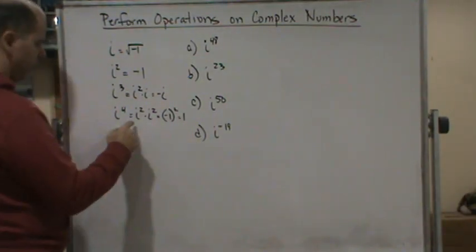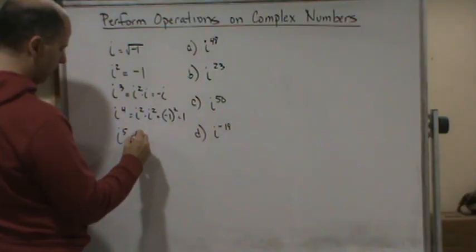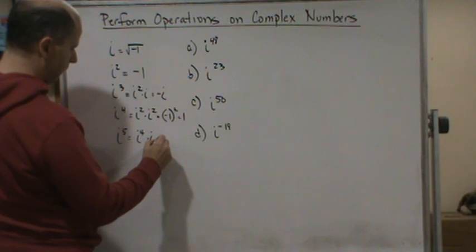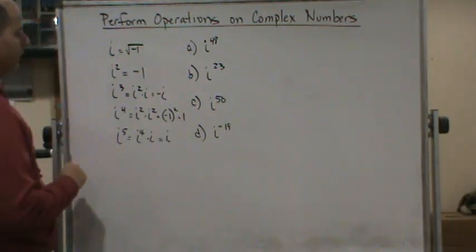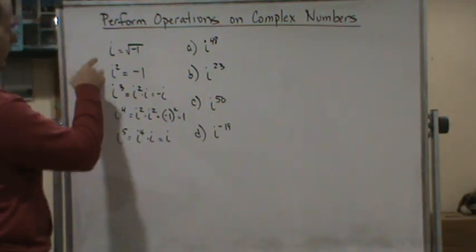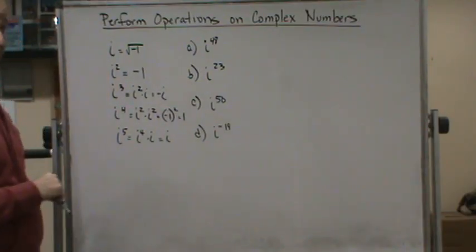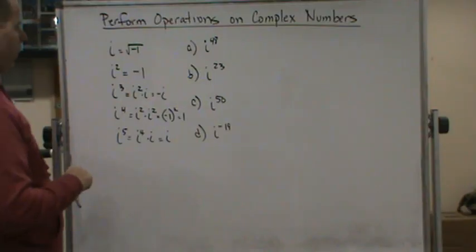And then here, i to the fifth, we can just look at that as i to the fourth times i, and since i to the fourth is 1, look at that, we go back to i. So we see a pattern here.